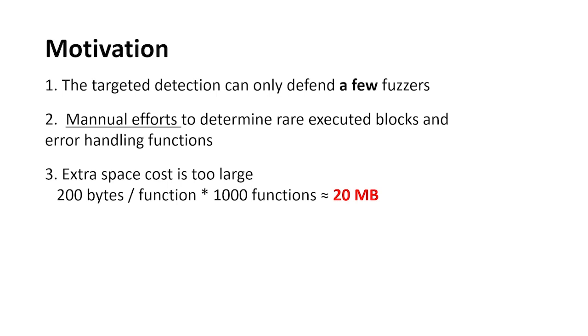And third, the actual storage cost for anti-fuzzing code, especially for fake blocks, is too large, about 20 megabytes for a small program, while these small programs may take only a few megabytes.